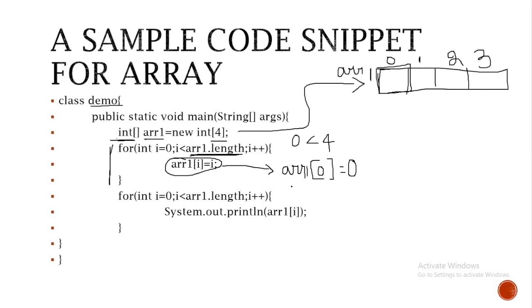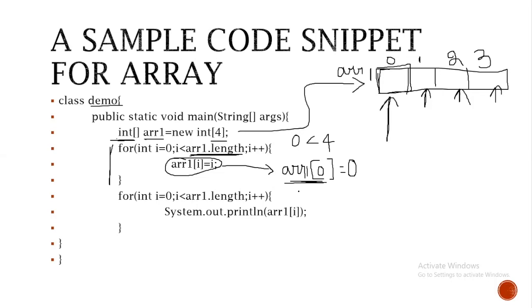If you specify array1 of 1, it will refer to this block. array1 of 2 refers to this block. array1 of 3 refers to this block. So if you want to provide a reference, you make use of such conventions. So array1 of 0 means you're pointing towards this first block.